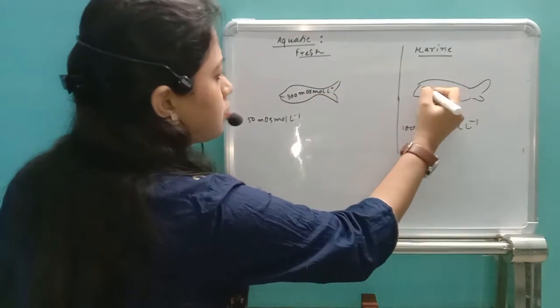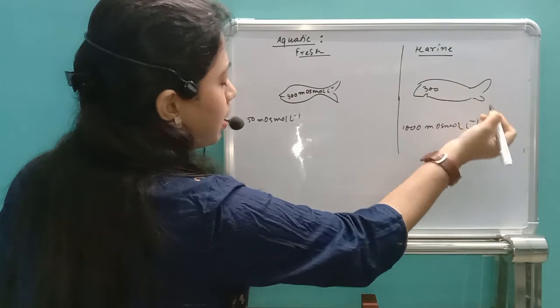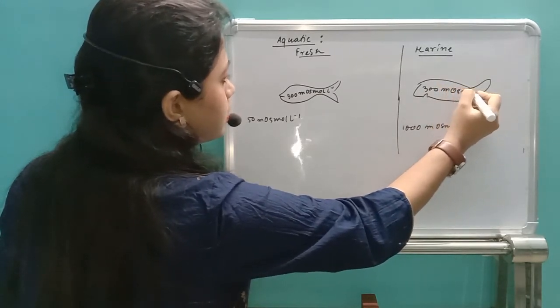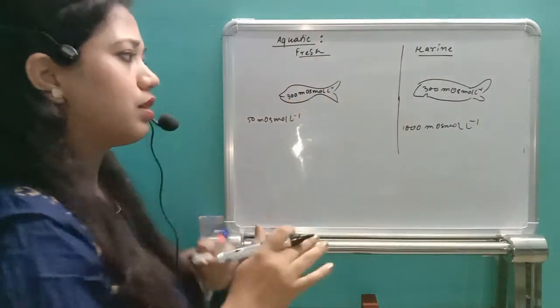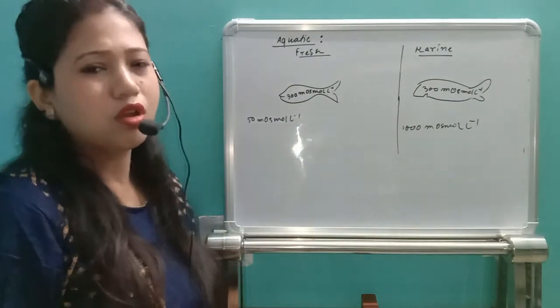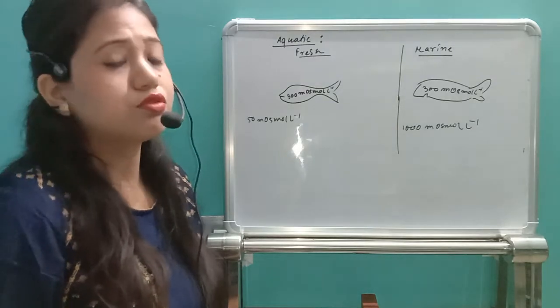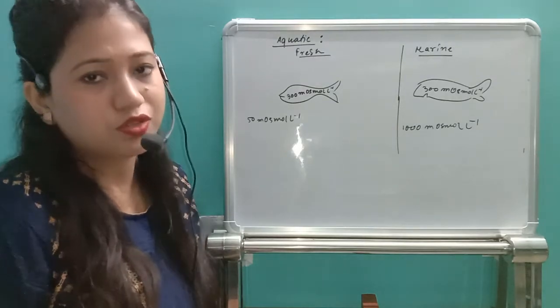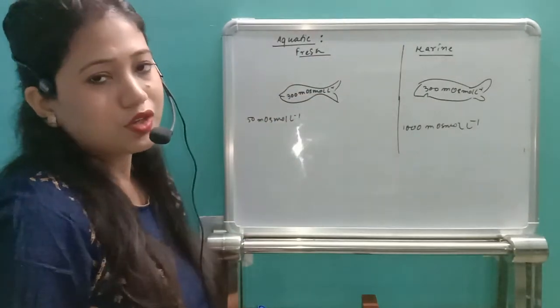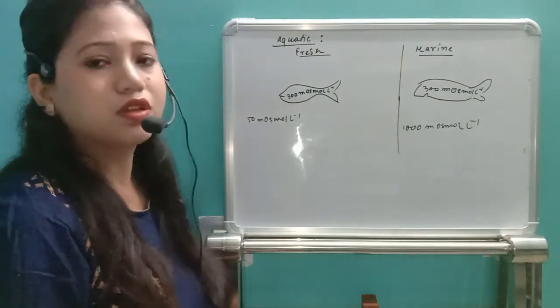It is the same in the marine fish's body; the fishes have around 200 to 300 milliosmol per liter of solutes in their body. So what will happen in the freshwater condition and the marine water condition?